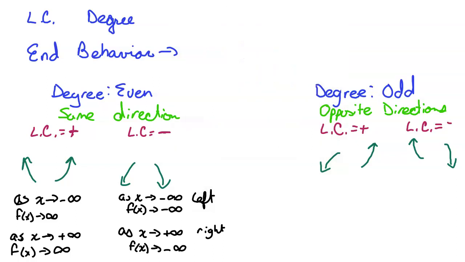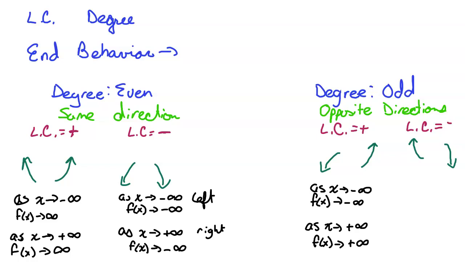And so then, as x approaches negative infinity, that means on the left side of my graph, f of x also approaches negative infinity. As x approaches positive infinity, f of x approaches positive infinity.